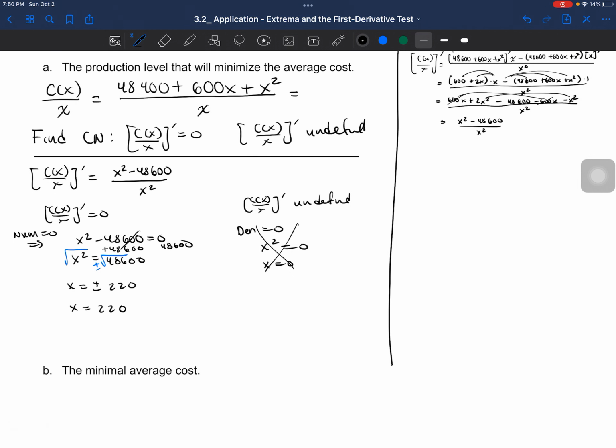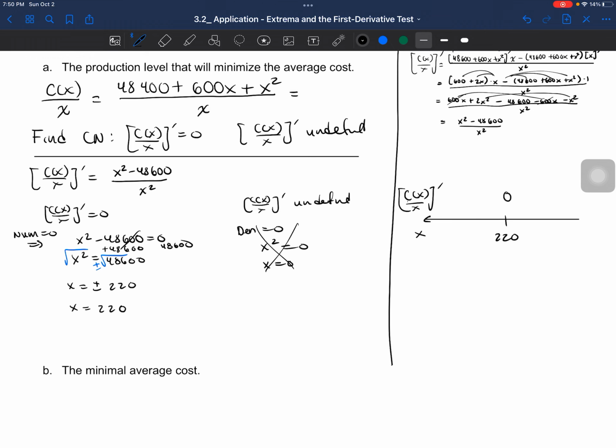Now we just have to guarantee that this is in fact an absolute min. So to do that, we're going to check whether this is a local min, and we'll talk about that in a second. So it's 220, and we're going to check for x equals and then C of x over x prime.